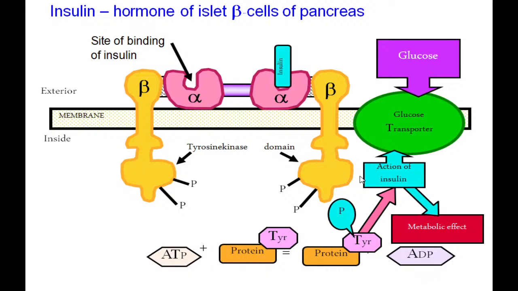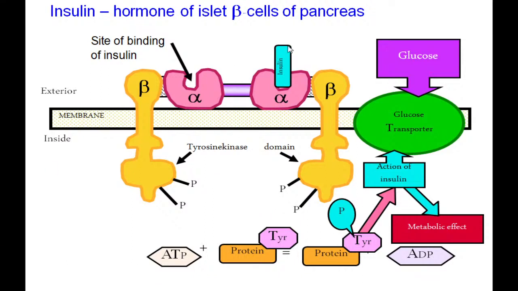The basic role of insulin is activation of transport of glucose through the cell membrane and activation of metabolism of glucose within the cell.